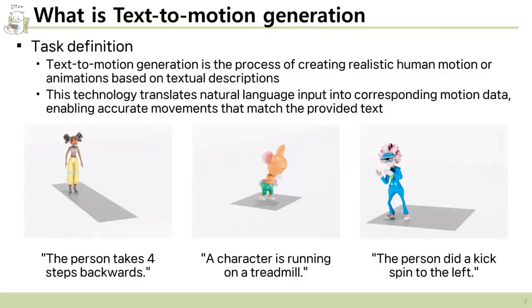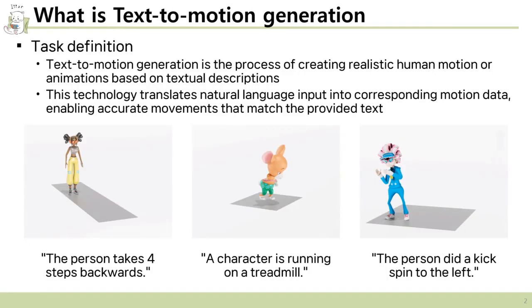Imagine describing a dance move or an athletic movement in words. Every detail, such as speed, direction, and rhythm, must be captured. The system needs to interpret this natural language input and generate motion data that reflects the provided descriptions.